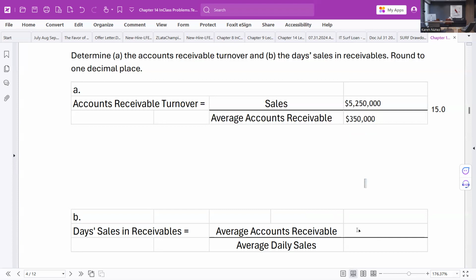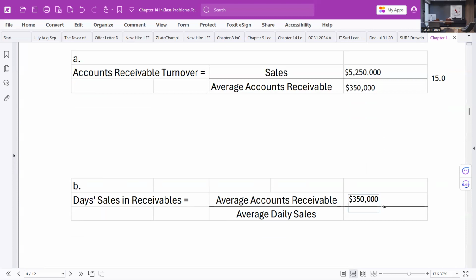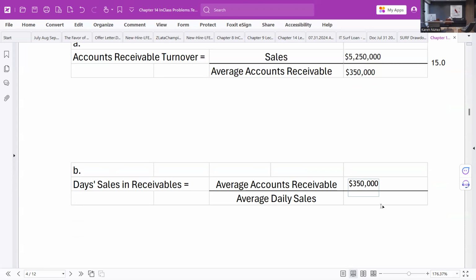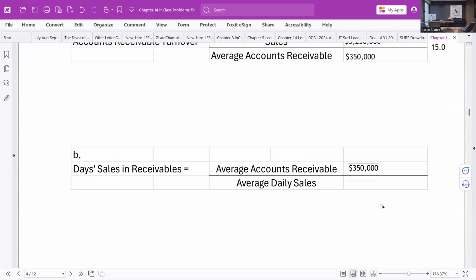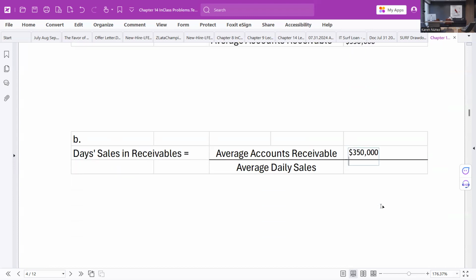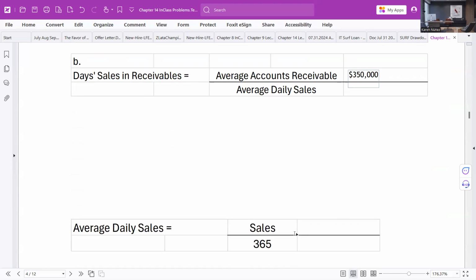So we need, again, that $350,000, the average accounts receivable. And we want to divide into that what we call the average daily sales. On average, what are our sales? Well, it's just sales divided by 365.